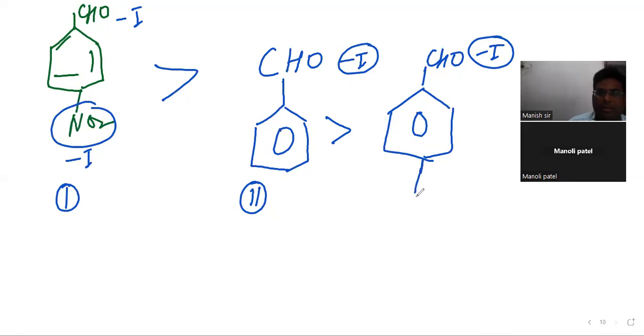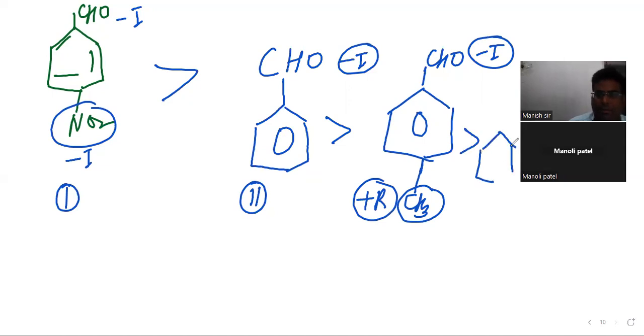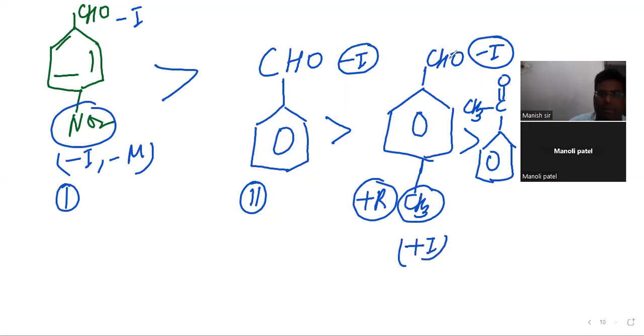But here CH3 is given, so it is showing a plus R effect. Next one is C double bond O with CH3, showing minus M, and this CH3 shows plus I effect. So this is the order of preference. Please write it down. It was asked in 2014.